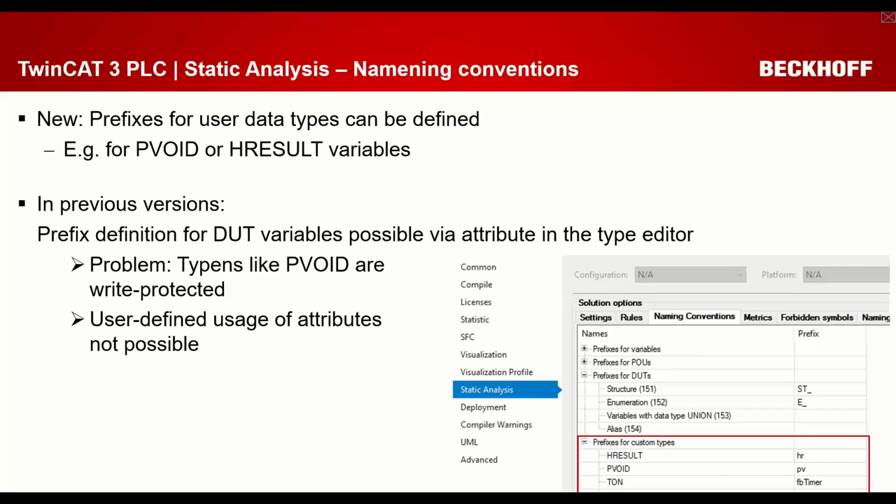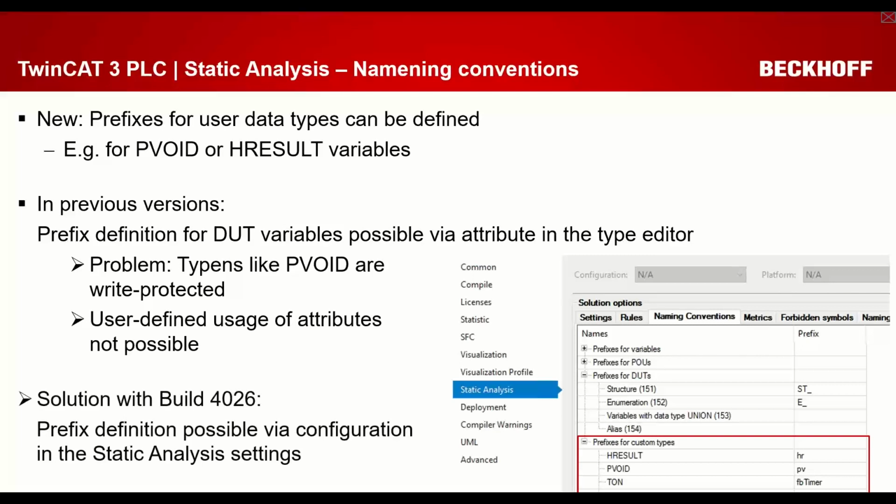And in 4024, it was already possible to add an attribute to define a prefix. But as those data types are write protected, you cannot really add this attribute here. And for this, we have now found a solution, and we have implemented it in 4026. We have added a new configuration part for naming convention in the static analysis settings, where you can now define the prefix for those data types too.